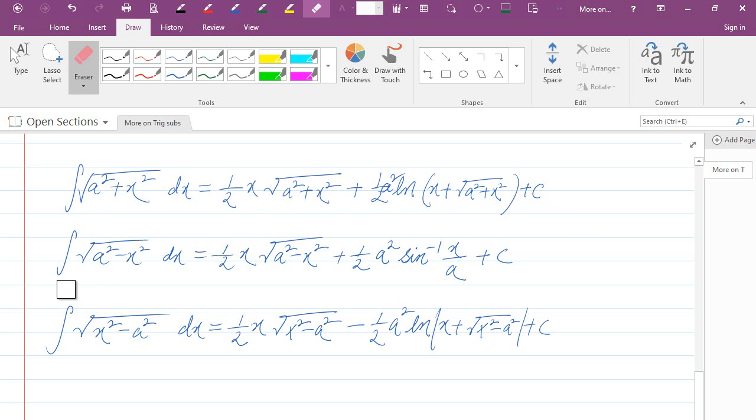Now, the integral of root of a squared minus x squared is going to be half x root of a squared minus x squared plus half a squared sine inverse of x over a plus c. And finally, the integral of the root of x squared minus a squared would be half x root of x squared minus a squared minus half a squared ln of absolute value of x plus root of x squared minus a squared plus c.